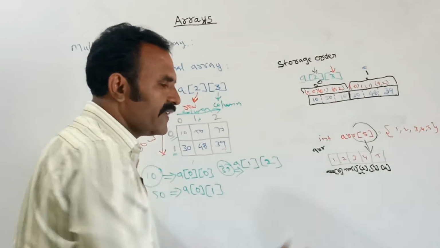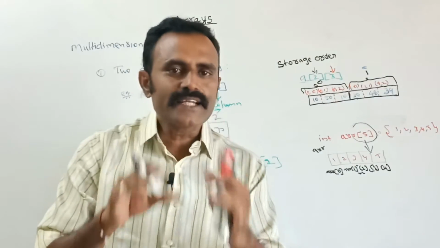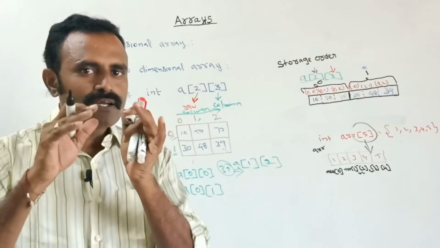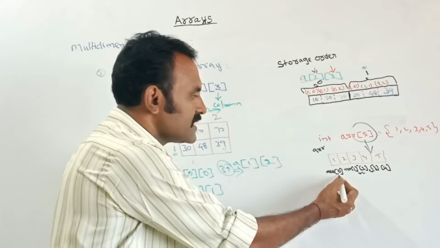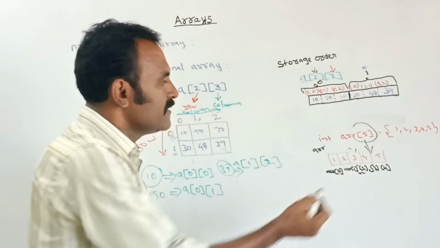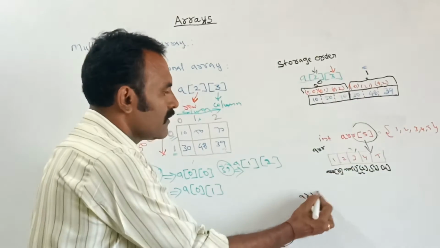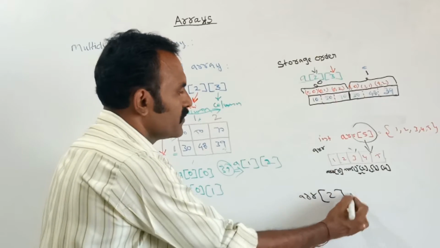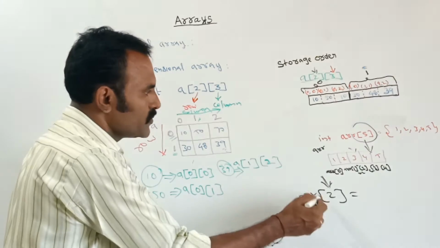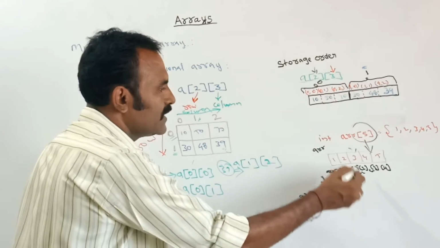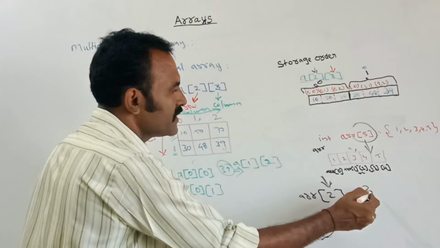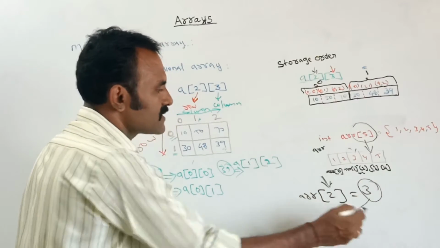When we are accessing a single dimensional array, we access that element with the help of this single position. Suppose we want to access number 3, we can access it by ARR of 2. By mentioning this position we can access the value inside it; the value 3 is accessed in this way.